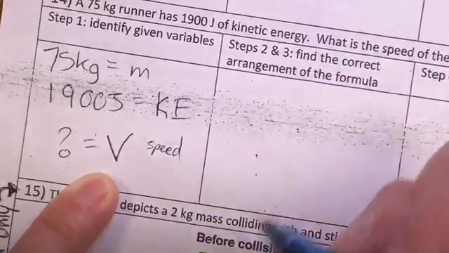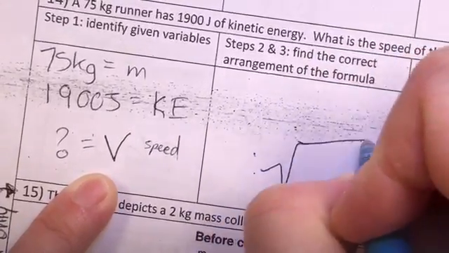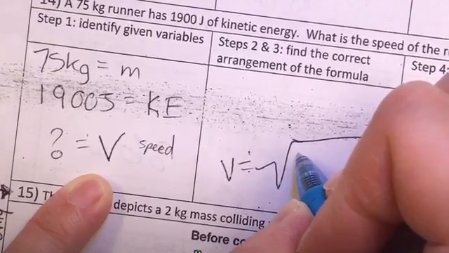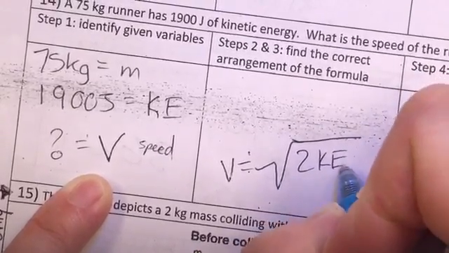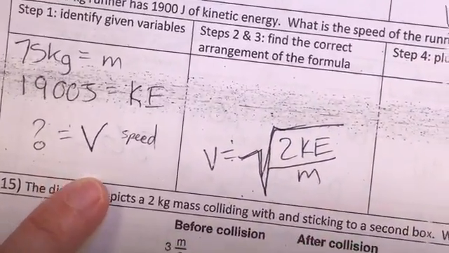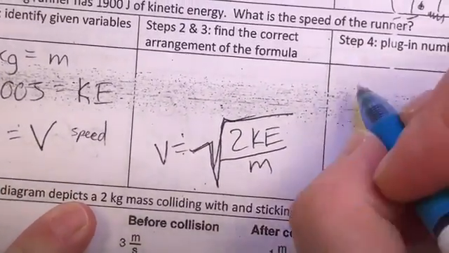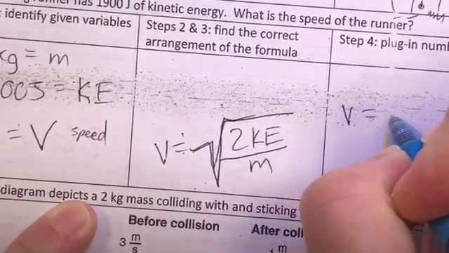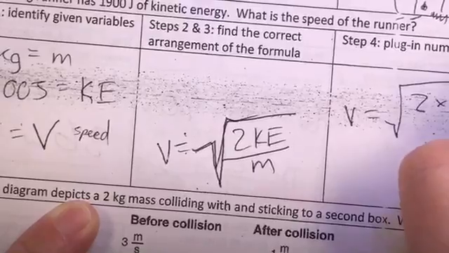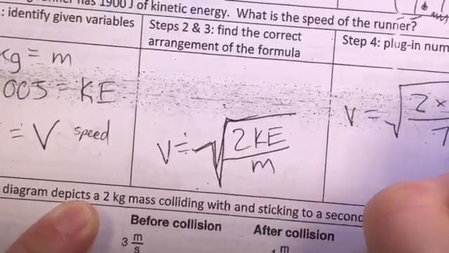So velocity is equal to the square root of 2 times the kinetic energy divided by the mass. Make sure all of that's in the square root. Okay, so when you punch this into your calculator, let's plug it in right here. 2 multiplied by the kinetic energy, 1,900, divided by the mass of 75.